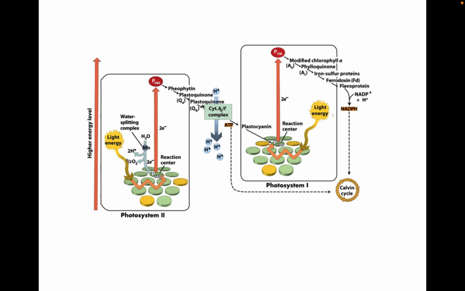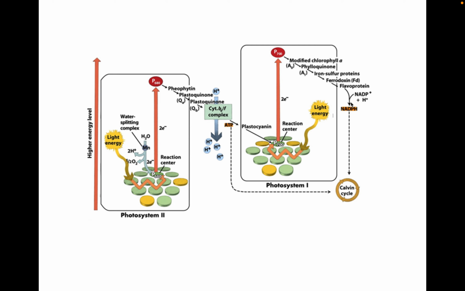So you don't need to worry about all the, I don't know what that is, but PQ will carry to the B6F complex, and this is a proton pump, pumping hydrogen across. Then it will get picked up by PC, and then carried to photosystem 1 with the P700 reaction center, where those electrons get even more energized, higher than photosystem 2. And then we are going to hit ferredoxin.